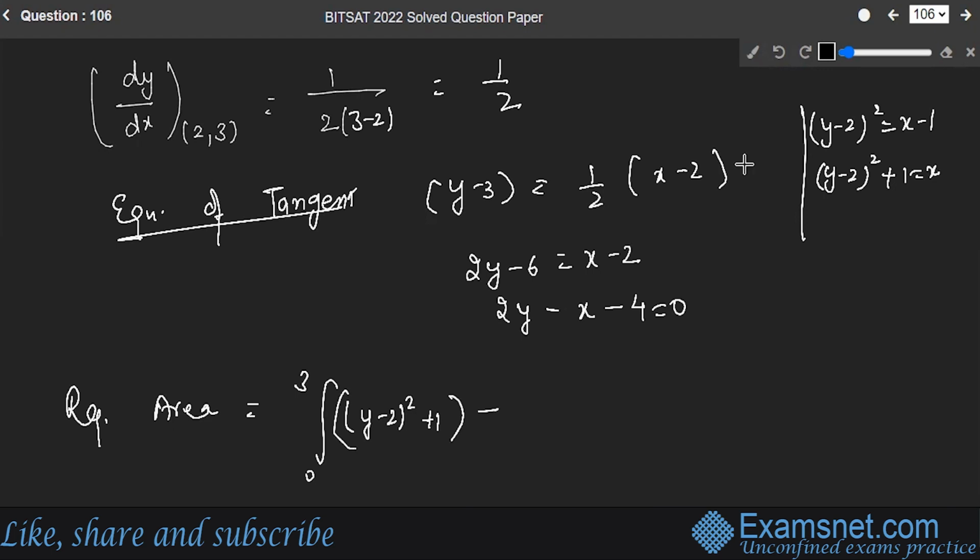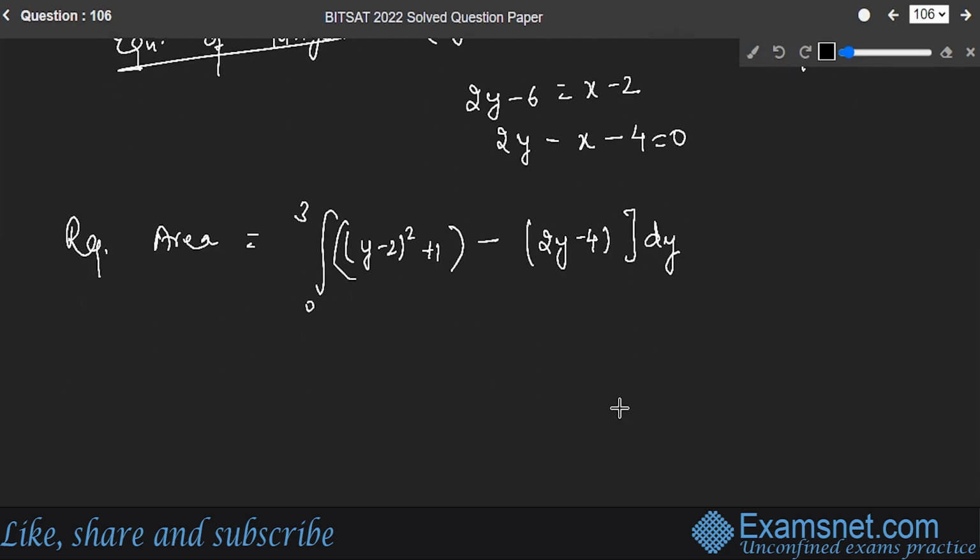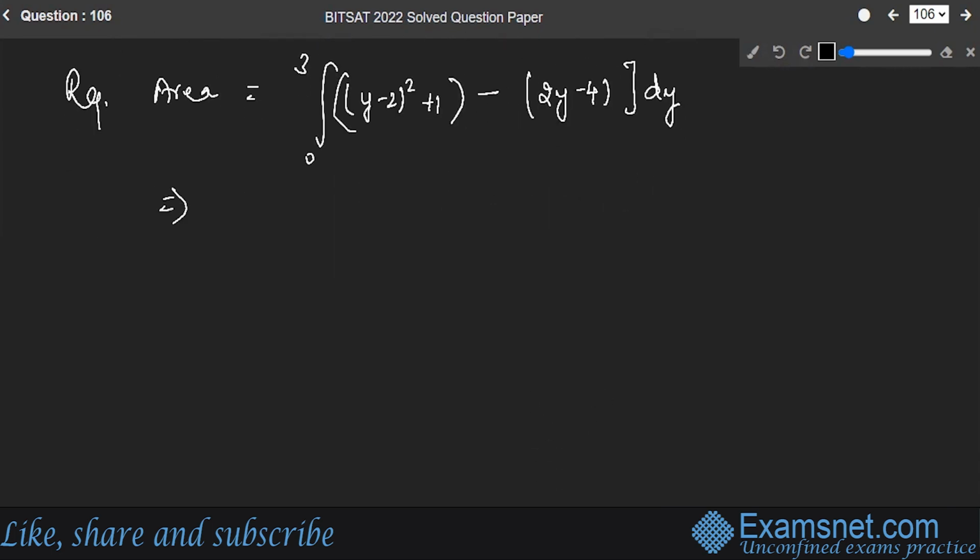This minus for the line tangent 2y minus 4 dy, right? So this will give me integral 0 to 3 of y square plus 4 minus 4y plus 1 minus 2y plus 4 dy.